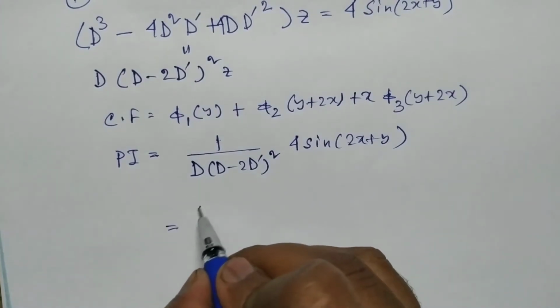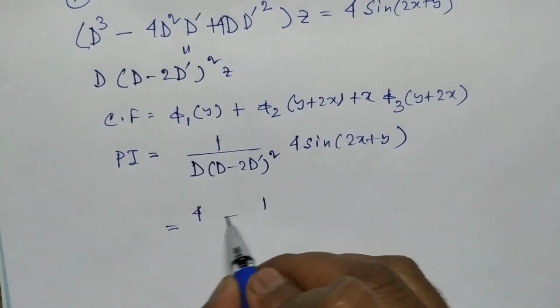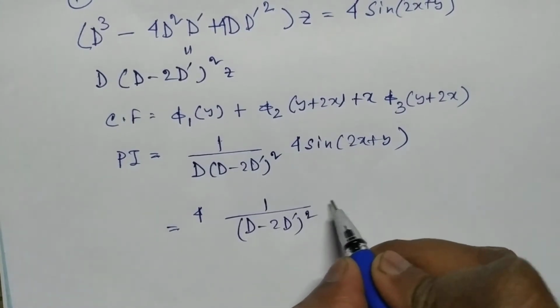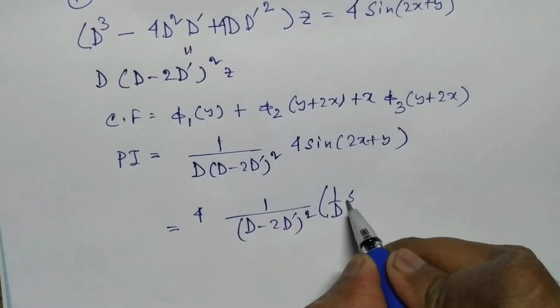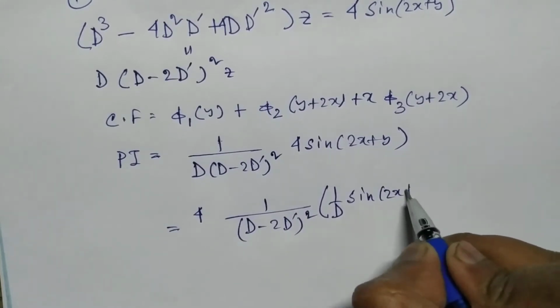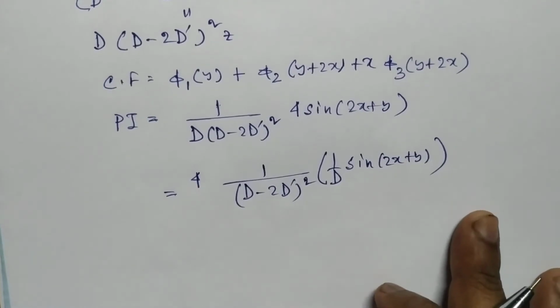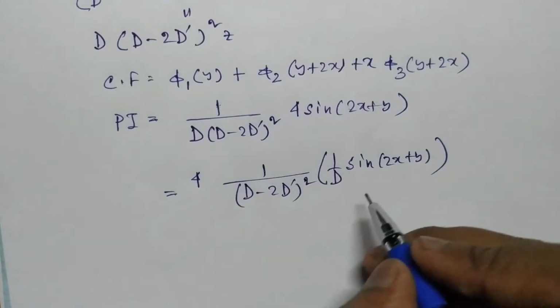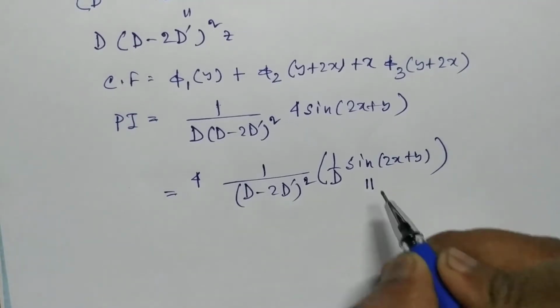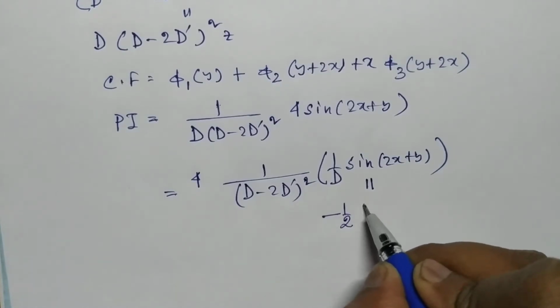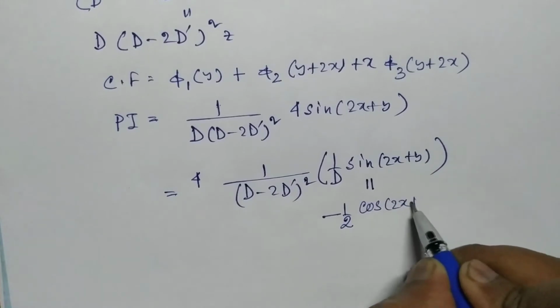So 4 goes behind, keep (D minus 2D'), and there will be 1 over D sin(2x plus y). Now 1 over D is actually integration with respect to x, where you treat y to be a constant, so this part turns out to be minus half cos(2x plus y).